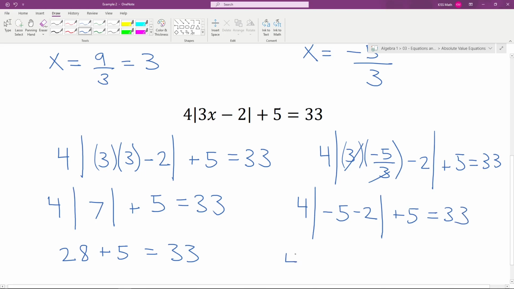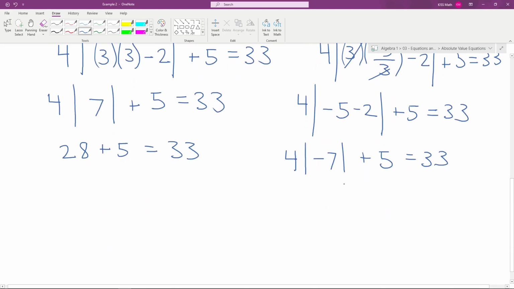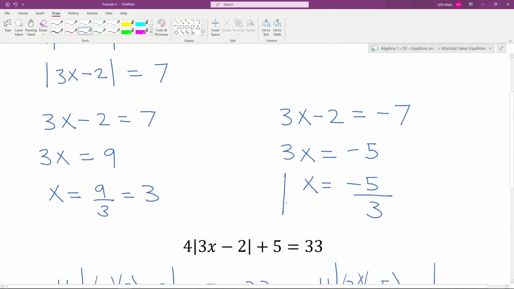And we will have 4 times the absolute value of negative 7 plus 5. And now the absolute value of negative 7 is just 7, positive. So 4 times that would be 28 again, plus 5, and that equals 33. So both of these answers are good. And this will have 2 solutions here.